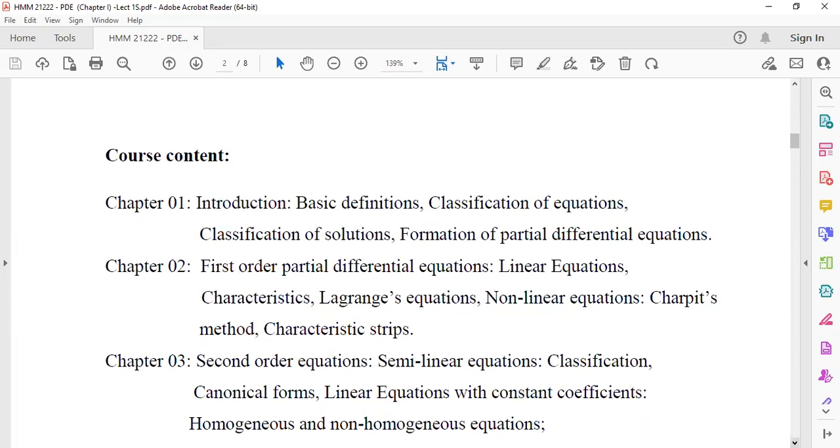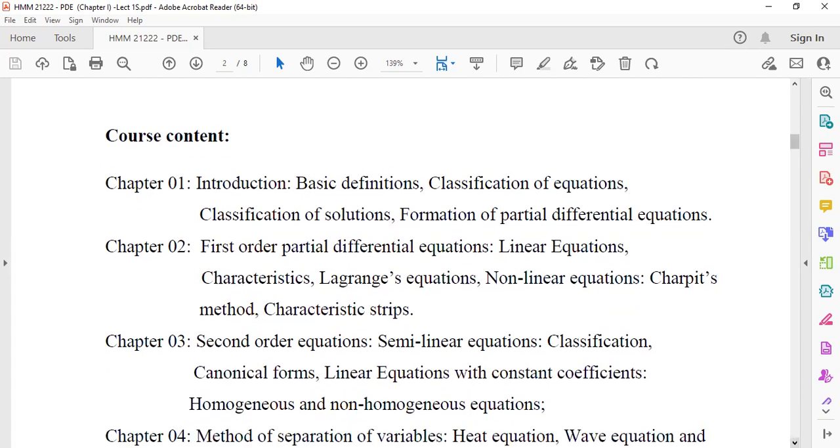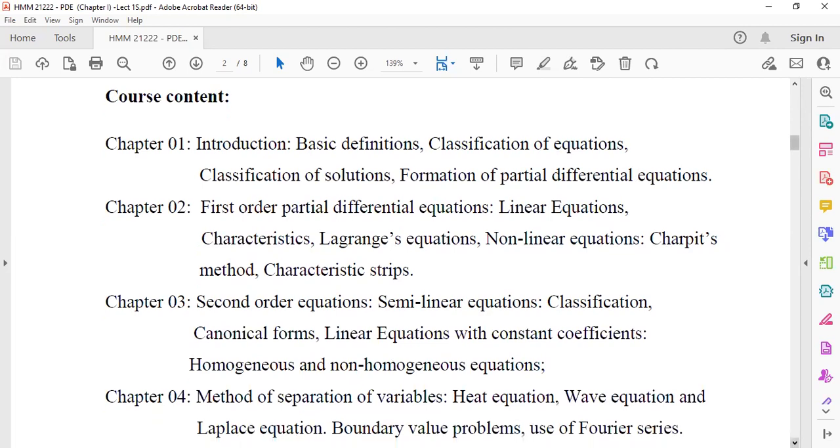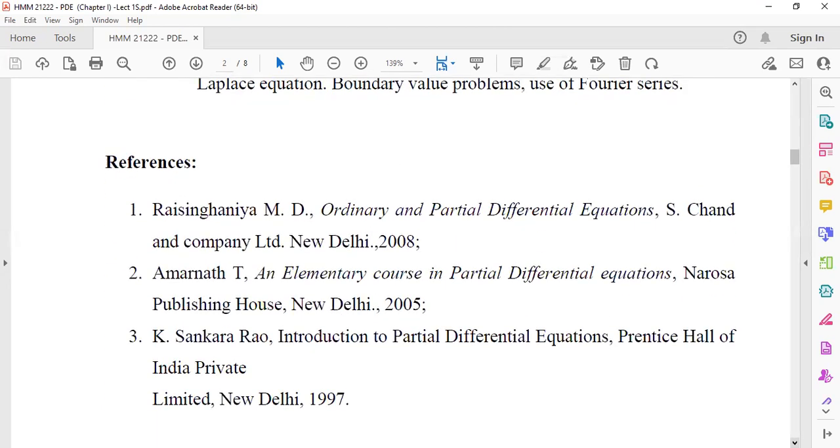I hope you all got my module. I didn't upload it in the VLE because I'm having some problem in the VLE, so I hope you all got it from WhatsApp. These are the ways I have divided this course content as per the chapters. We'll study one by one. Also, this is one of the important things you have to note down: these references.